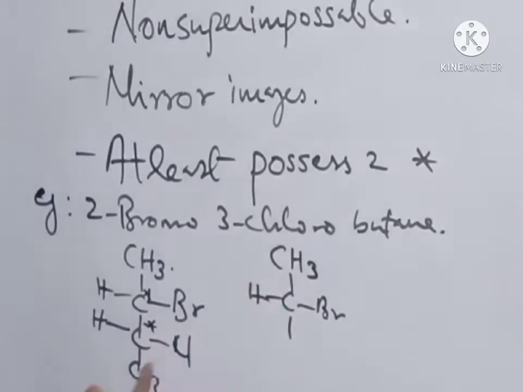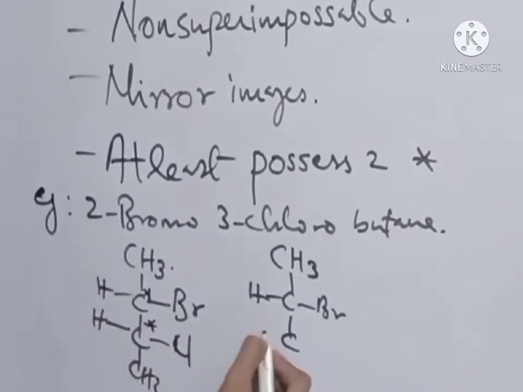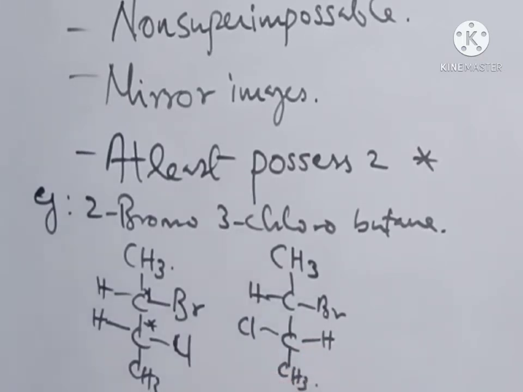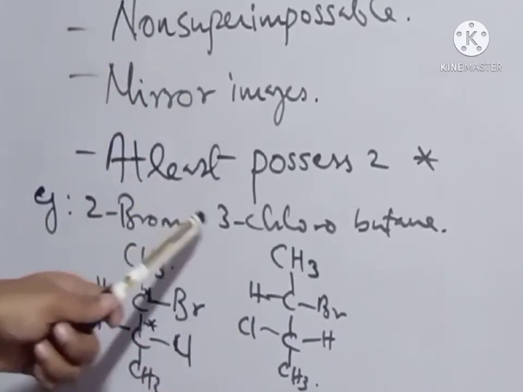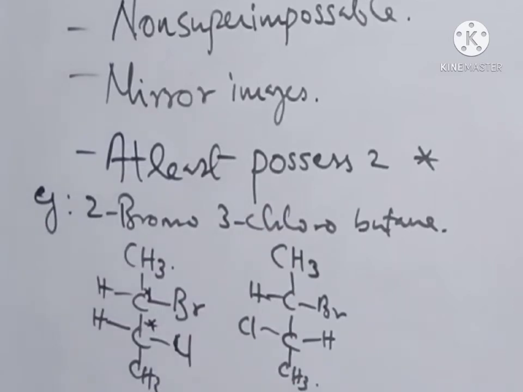And in the second stereogenic center, I am going to interconvert the position of these two groups. That is, chlorine is on the left side and hydrogen is on the right side, and CH3 at the bottom. So these two are the diastereoisomers of 2-bromo, 3-chloro-butane.